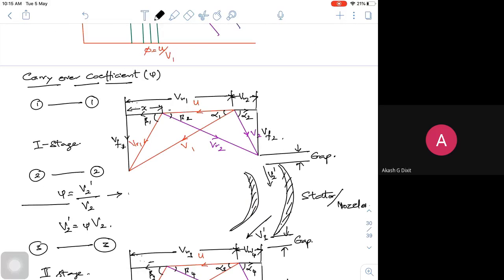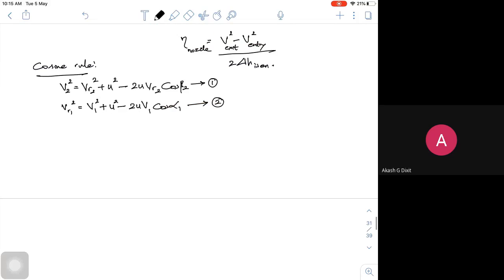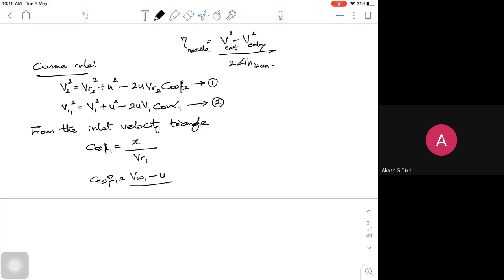Cos beta 1 is equal to the adjacent side, that is x, divided by VR1, where x is VW1 minus U. So from the inlet velocity triangle, cos beta 1 is equal to x divided by VR1, or cos beta 1 is equal to VW1 minus U divided by VR1.